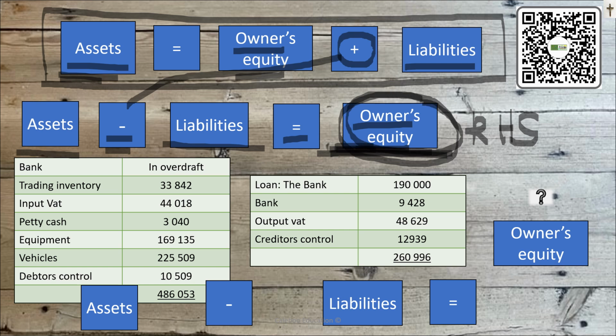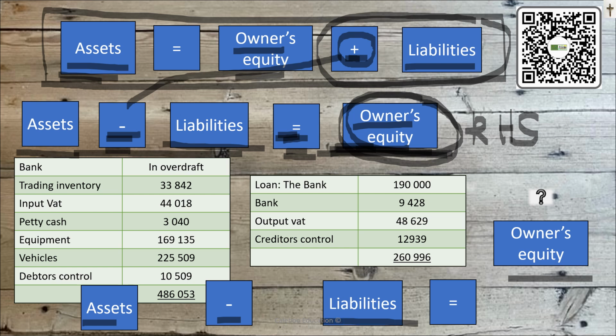And owner's equity is equal to assets minus liabilities. I took the liabilities across the equal sign and the plus sign changed to minus. So to cut a long story short, owner's equity is equal to assets minus liabilities.